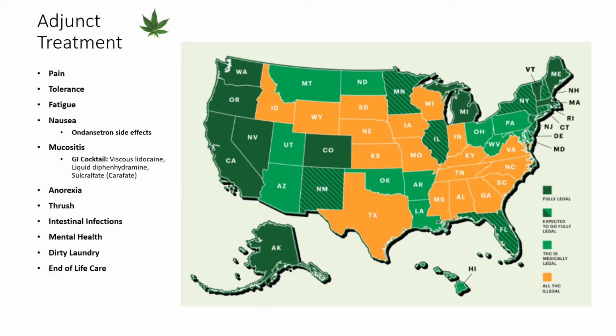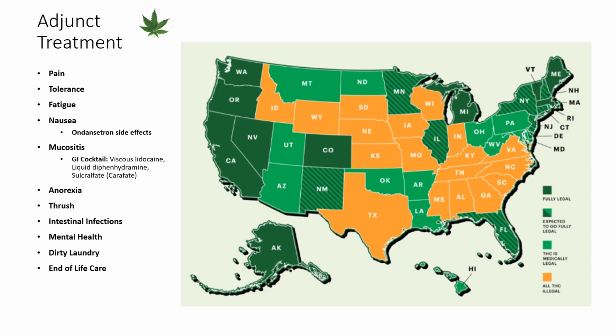A lot of them have lidocaine, so liquid viscous lidocaine, that will also mix up with diphenhydramine, which is Benadryl, and sucralfate, which is an anti-ulcer medication, and it forms a paste in the mouth and protects the mucosal lining. So that can all be made into one solution called a GI cocktail to comfort people with oral pain.